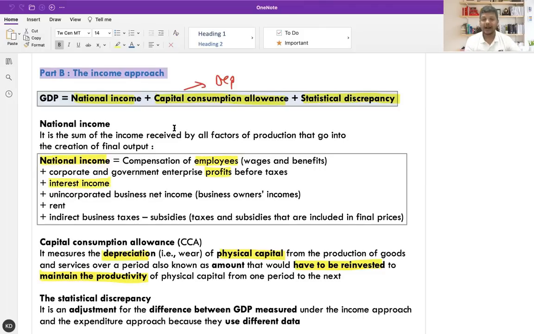Interest income is for capital. Along with interest, there is also rent. Rent is for land or property. And now comes the other things. Unincorporated business net income means those businesses which are not registered, not organized. Even their profit, even their income, should be taken into account. Is that clear?